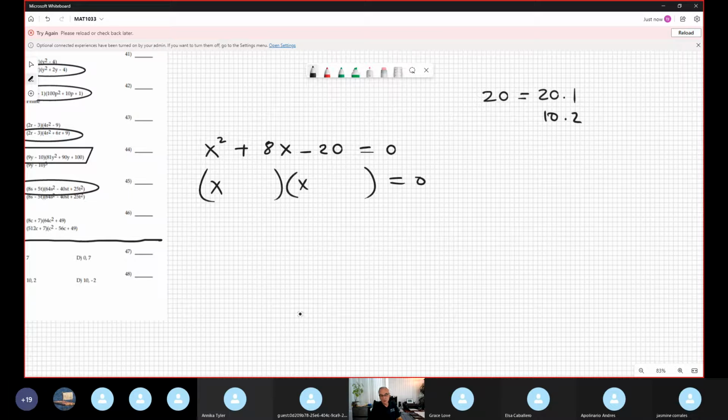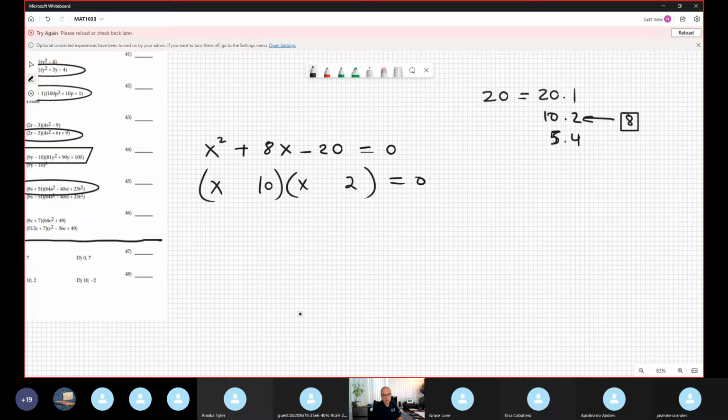Divided by 3, no. Divided by 4, yes, 5 and 4. These are the factors that multiplied by each other give me 20, and with addition or subtraction give me 8. It's obvious this combination, because 10 minus 2 is 8, correct? Well, at least I try. You put 10 and you put 2.